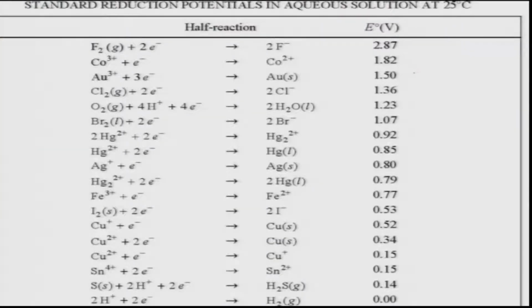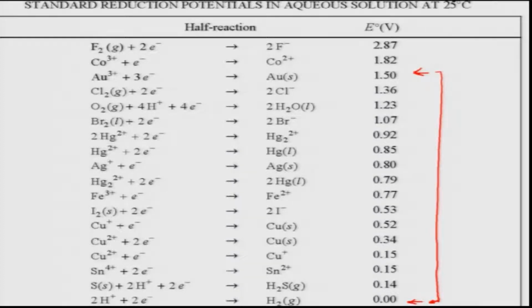So, now you see gold is here, which is 1.50, a highly positive standard reduction potential, and hydrogen is here. So, if we have a combination between gold and hydrogen, I always get hydrogen evolution, and if there are any gold ions present in the solution, gold will immediately deposit back.